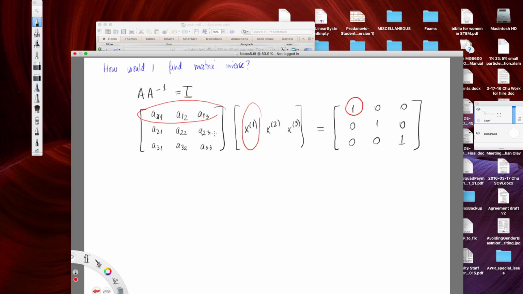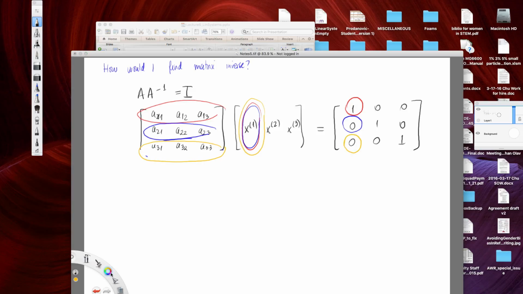Then I would take the second row of A, also multiply it with this first column, and I would get this second position here, the 2,1 position, right? And then for the 3,1 position, I would take the third row, also multiply by this, and I would get this position.